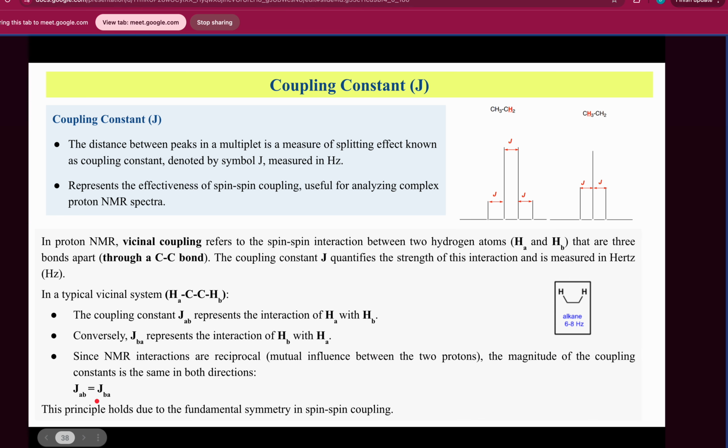So JAB should be equal to JBA. This principle holds true if there is symmetry in the spin-spin coupling, which is normally observed in NMR spectra. That's why JAB will also be equal to JBA. This is not important. This is just to show you that there is symmetry in the spin-spin coupling.